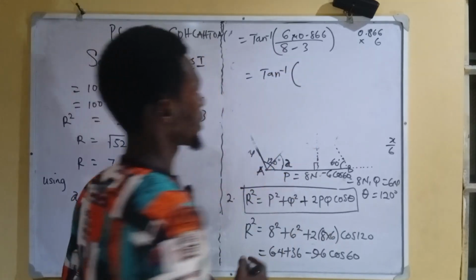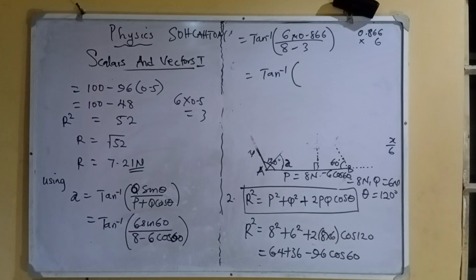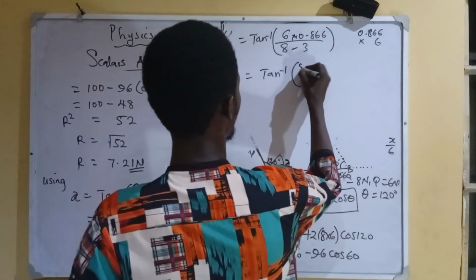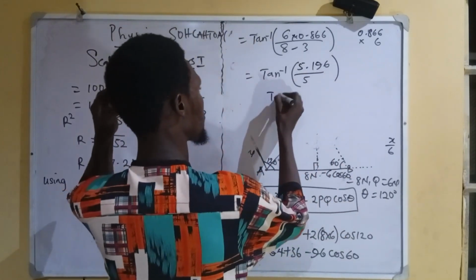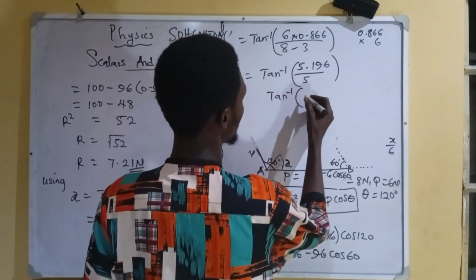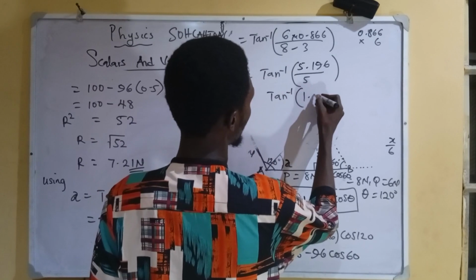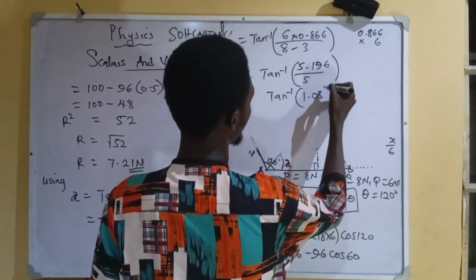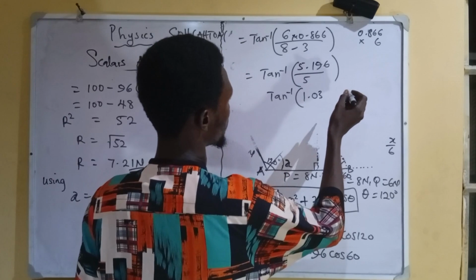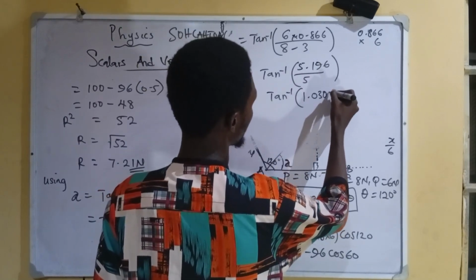So let me use my calculator. What I have here is 5.196 and then divide by 5. So I have tan inverse of this divided by 5.